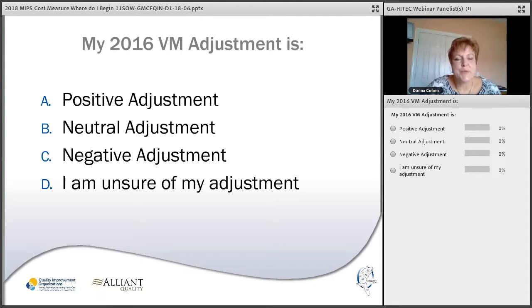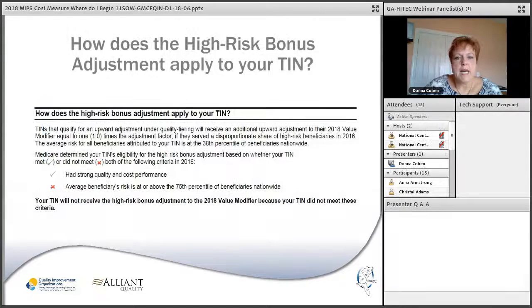I'm sorry, I put this in as a duplication, so we can just move forward and not review this polling question. So how does the high-risk bonus factor adjustment apply to your TIN? Remember I said that if your patients are, quote, sicker than other patients in your peer group, then you could qualify for a 1% additional high-risk bonus adjustment.